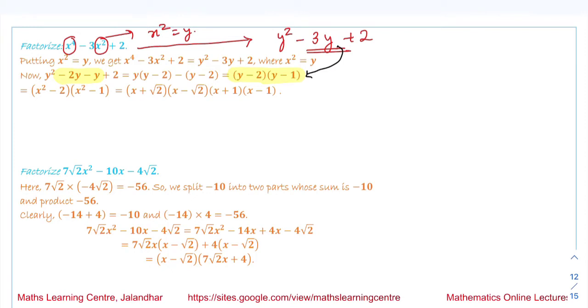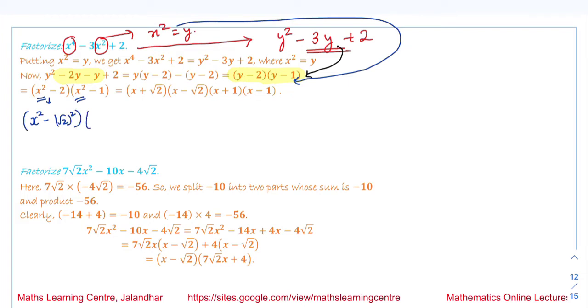And now what we have to do, we have y is equal to x square. We substitute it over here, so we get (x square minus 2) into (x square minus 1). X square minus 2 means x square minus square root 2 square, and x square minus 1 means x square minus 1 square. So it is just like the formula a square minus b square in both these cases, and it is equal to (a minus b) into (a plus b).